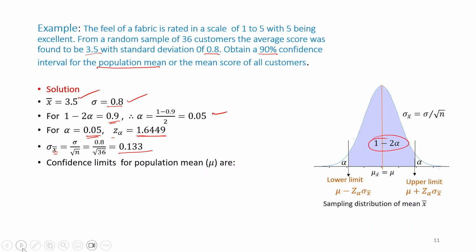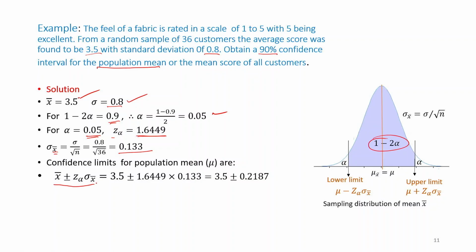And now comes the confidence limits. These are the two limits within which the population mean is going to lie. So it will be x bar plus minus z alpha sigma x bar. This is the formula we have already given.